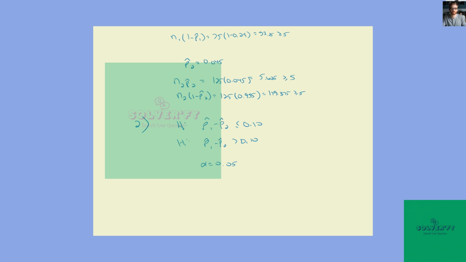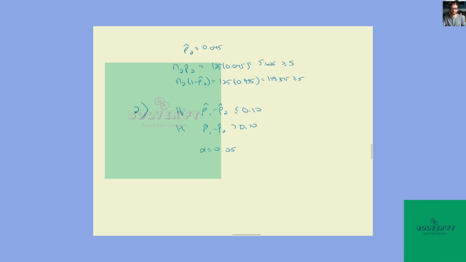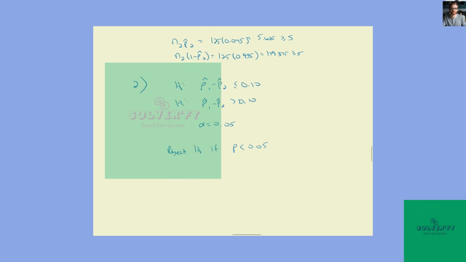The decision rule would be to reject the null hypothesis if p is less than 0.05, if we're using the p-value rule.